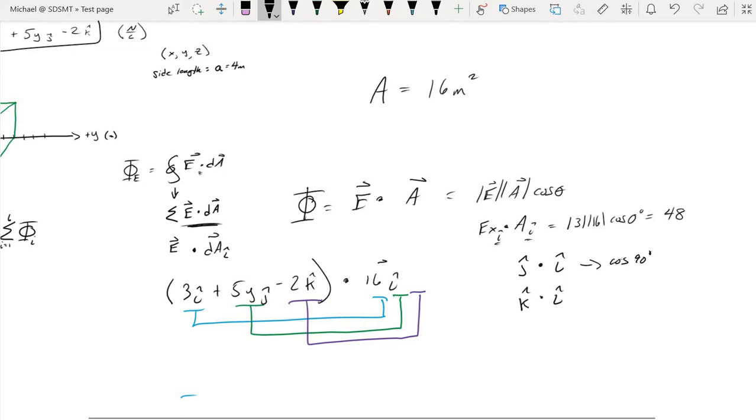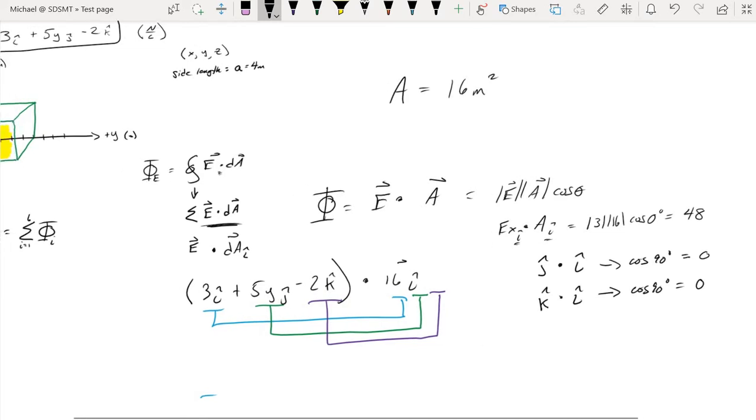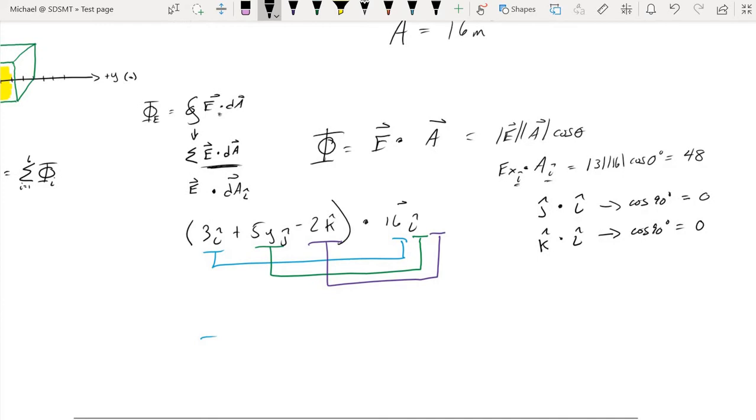And so if we attempt any kind of dot product with these, we're going to get a cosine of 90, which results in 0. Likewise with the k hat and i hat, we're going to get a 90 degree relationship, which is 0. And so out of this entire dot product of the electric field as it passes through the front face, the only thing that we get out of that is the contribution of the like terms.